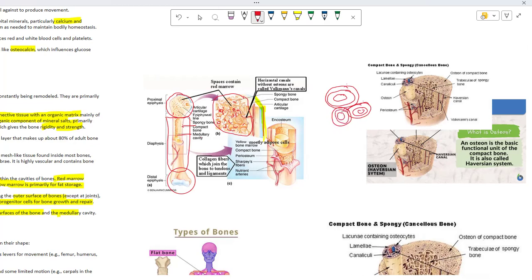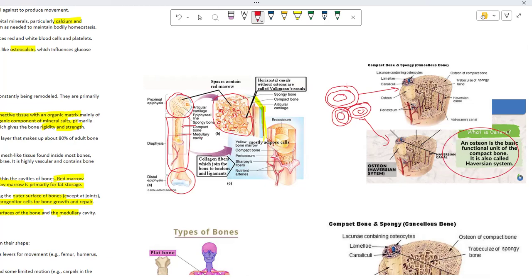And that is what you're seeing teased out here. Those are known as the Haversian systems. It's called the osteon. So an osteon is a basic functional unit of the compact bone. Also known as the Haversian system.